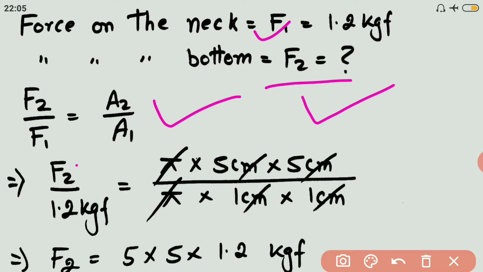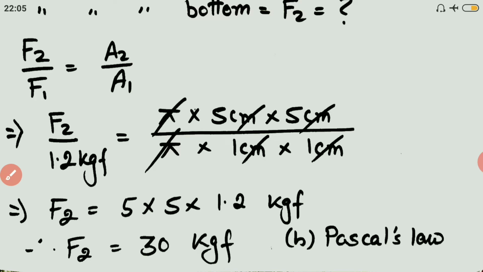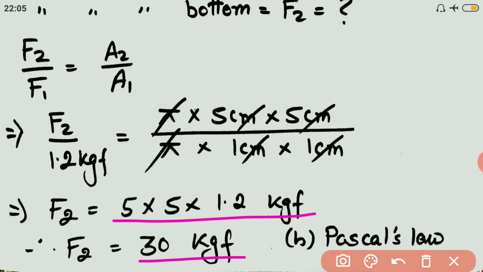F2 I am supposed to find, F1's value is given, then A2 and A1. Now you can see pi and pi are getting cancelled, centimeters are getting cancelled. So ultimately when I do the multiplication and cross multiplication, I am getting 30 kgf, and for part B, as we had guessed already, it is Pascal's law.